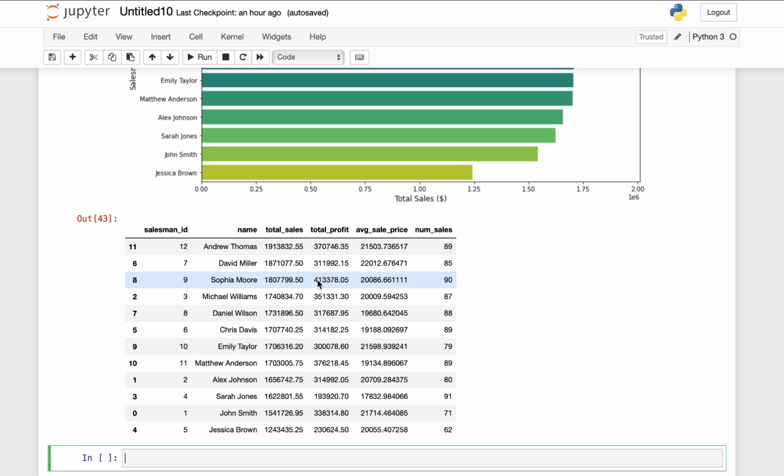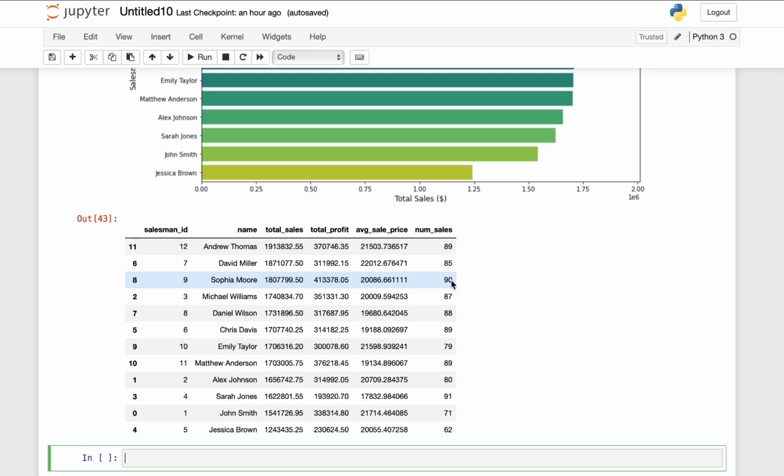Then we want to take a look at the number of sales, how many vehicles are being sold. This is going to indicate how many vehicles each salesperson is selling, and we can see that Sophia Moore sold the most vehicles right here, which coupled with her high total profit highlights her consistency in making high value deals.